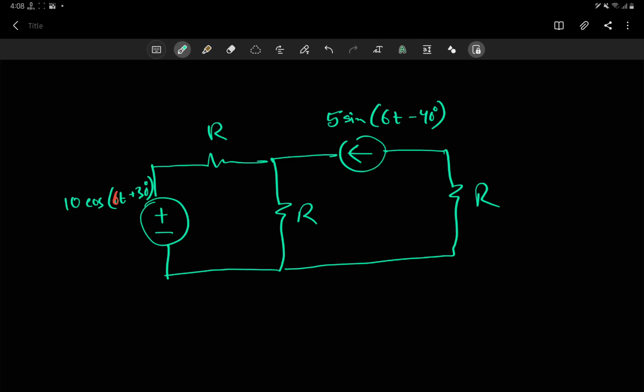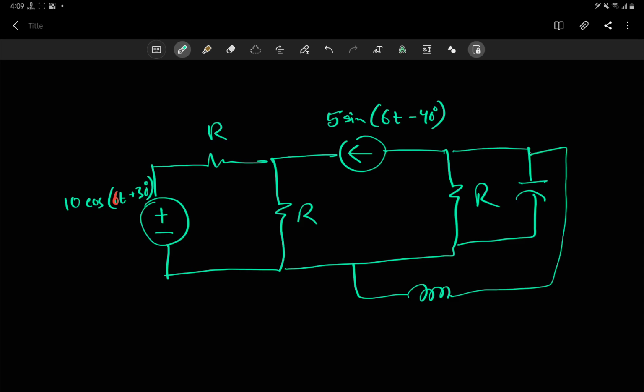And there is also another interesting thing about alternating circuits, that you can have capacitors and inductors just like normal DC circuits. So it turns out if you use an inductor or a capacitor, just like normal DC circuits, you can use inductors and capacitors.